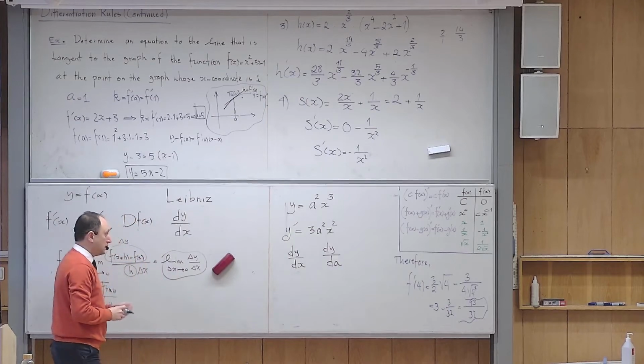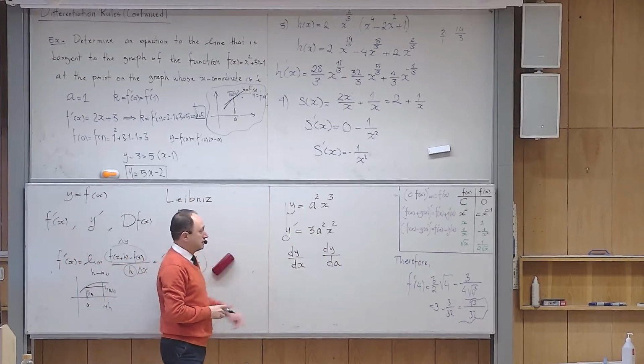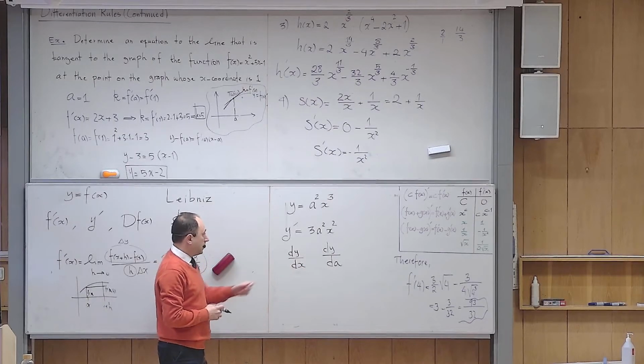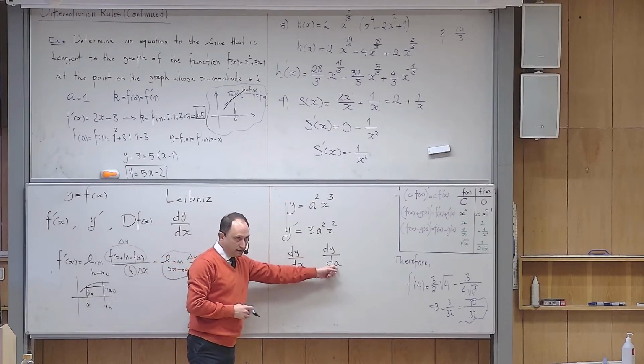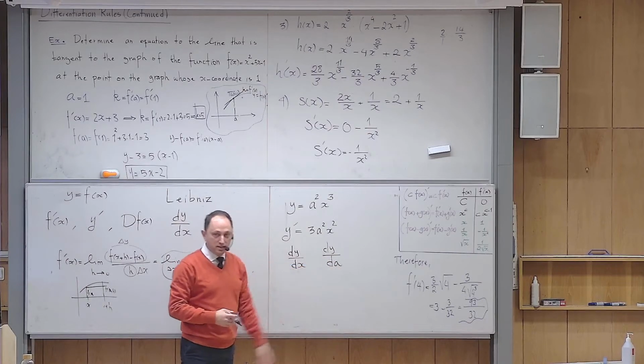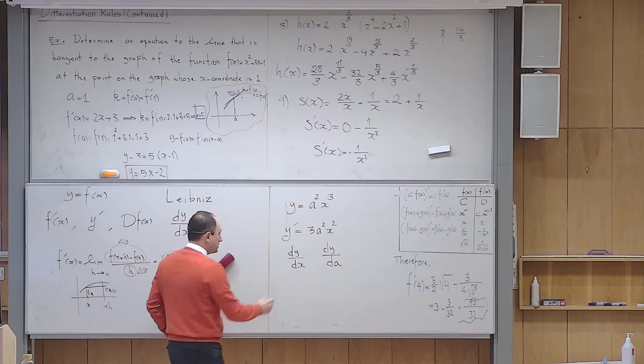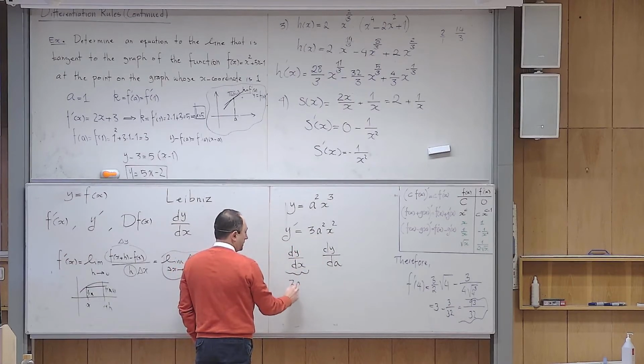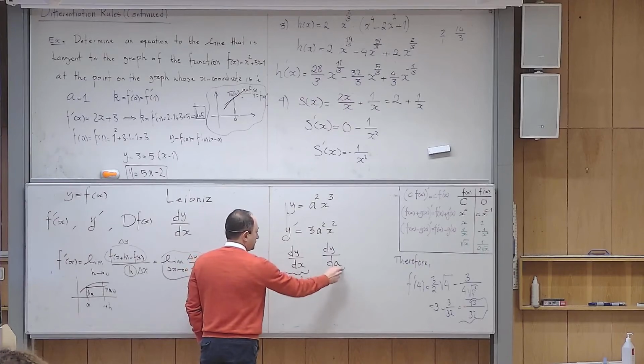Okay? So when I say dy dx, I'm also telling you to take x as the variable. And when I write dy da, I mean take a as the variable. So if I ask you this, you answer the same. Okay, but can you tell me, if I ask you this, what do you answer?